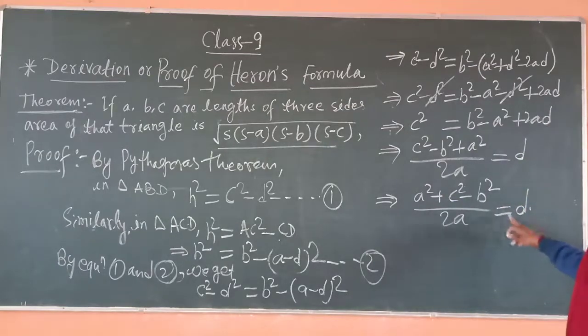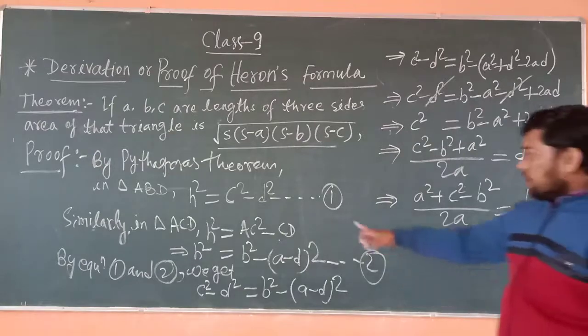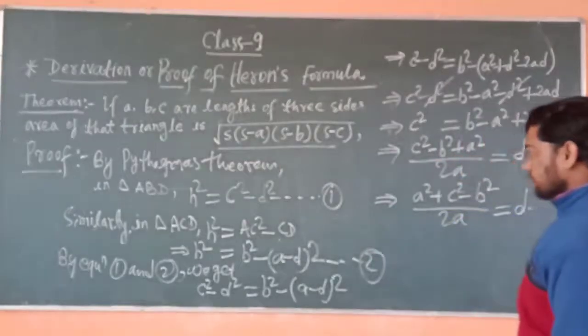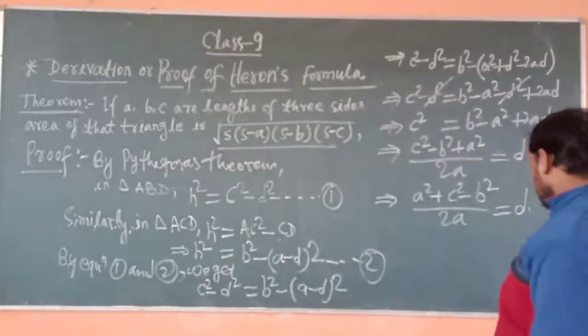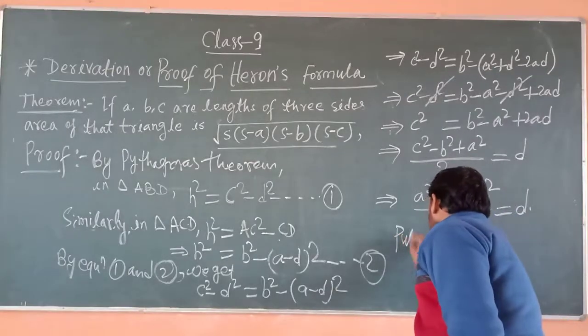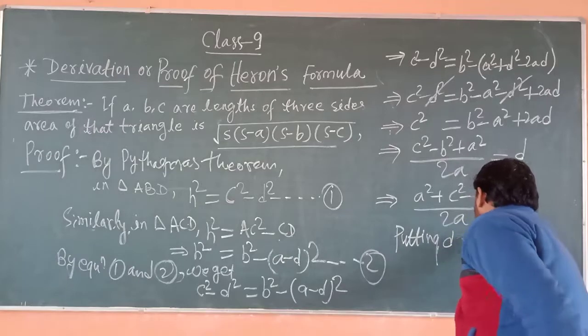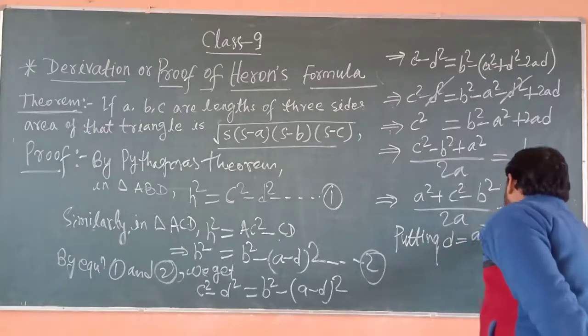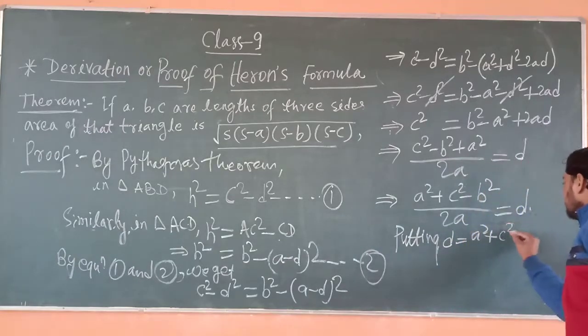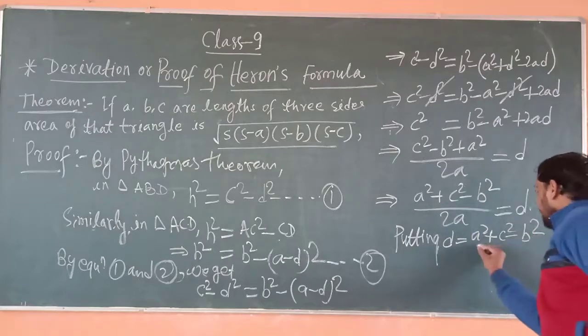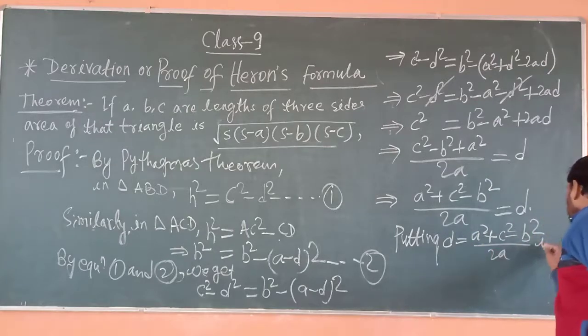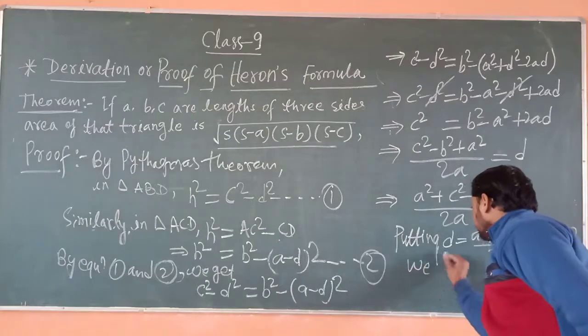Now we can put the value of D in the first equation. Putting D is equal to A square plus C square minus B square upon 2A.